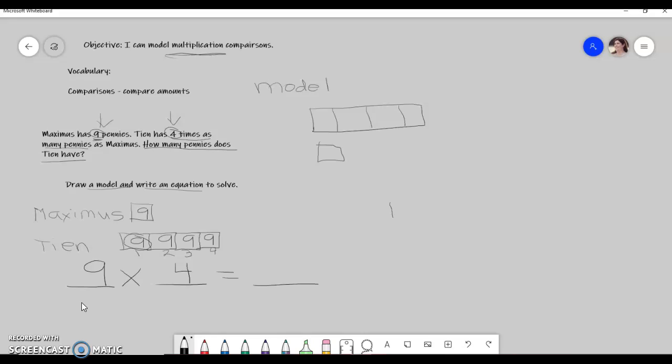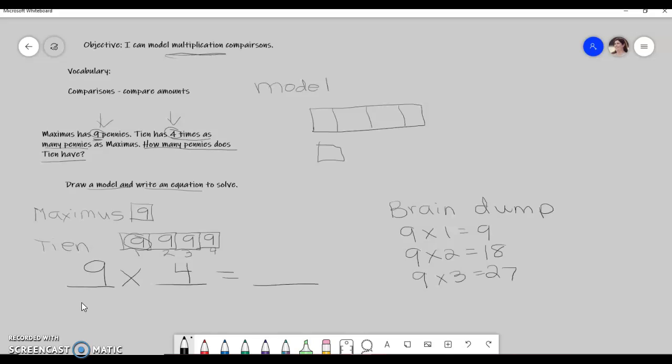So I need to do a brain dump. A brain dump will help you when you're multiplying. So 9 times 1 equals 9. That's right. 9 times 2 equals? Yes, 18. Very good. 9 times 3 equals?